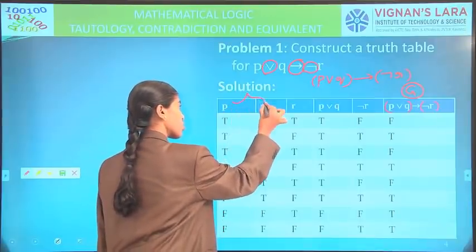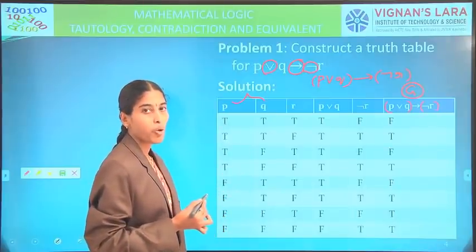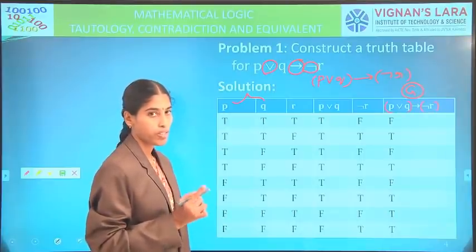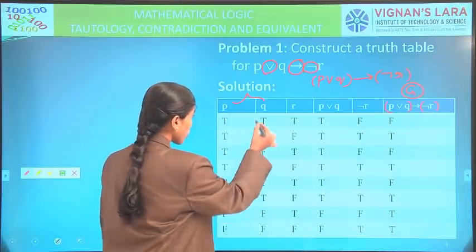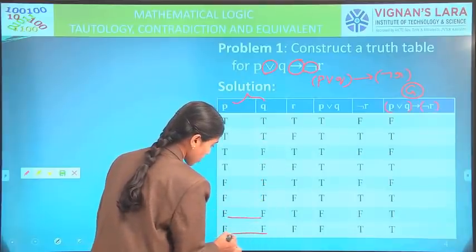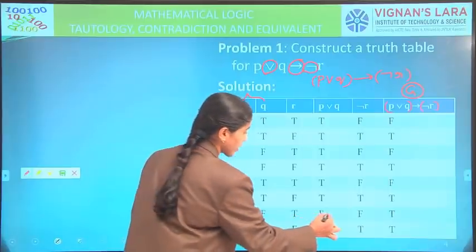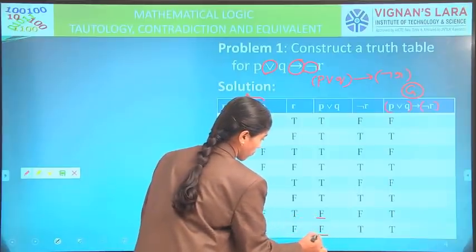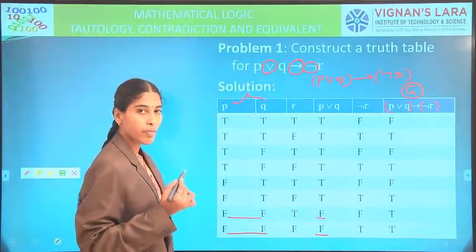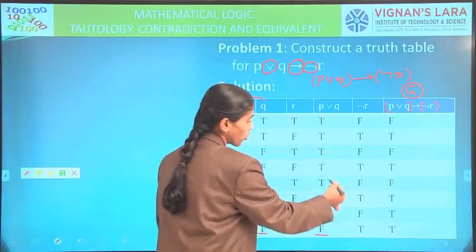For these two columns apply the disjunction. In the disjunction table, it is false in only one case, if both are false. In the last case P and Q both are false, then the result is false. In the other 6 cases either any one is true or both are true, then P or Q is true.